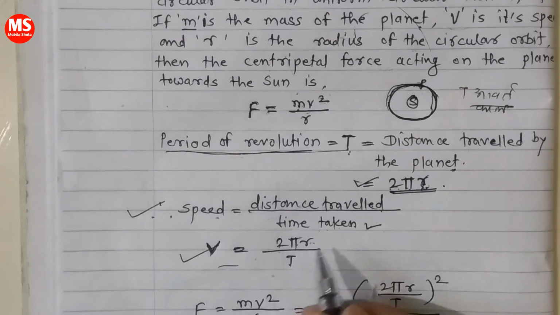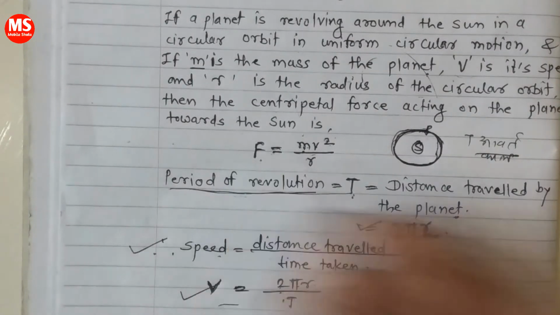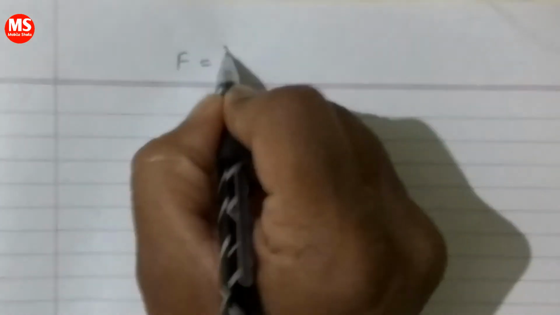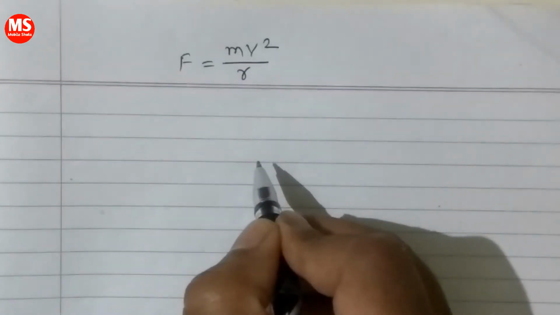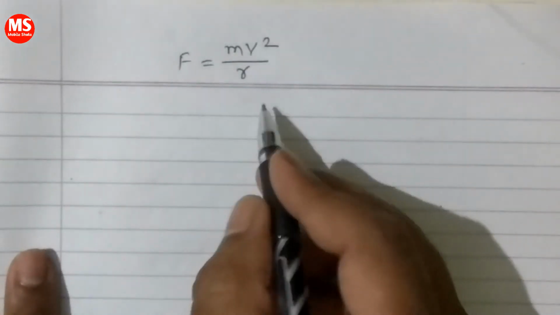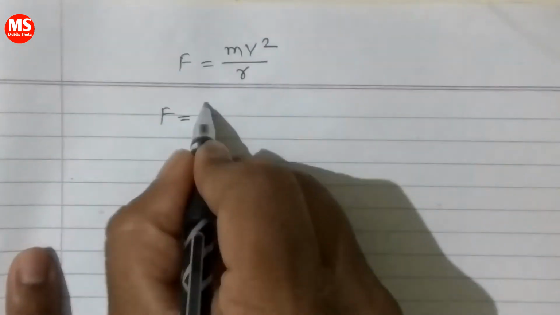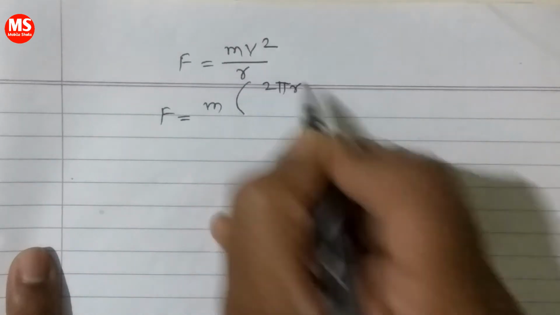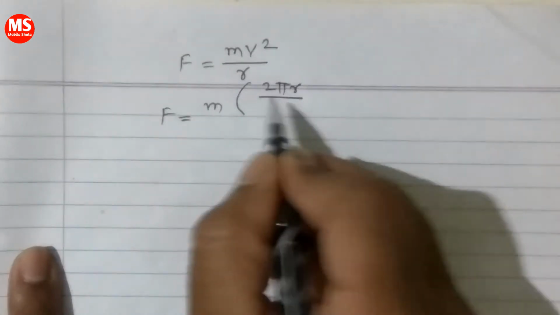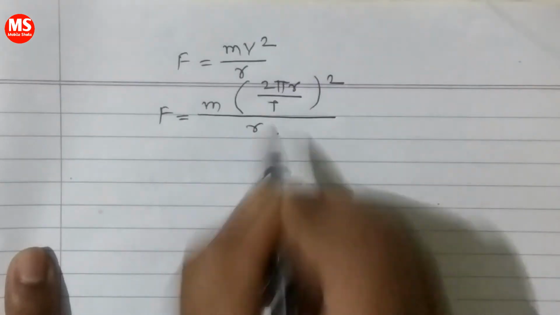Okay, so we put this value into this equation. F is equal to mv square upon r. Put the value of v in this equation. The value of v is 2 pi r upon T, bracket square, upon r.